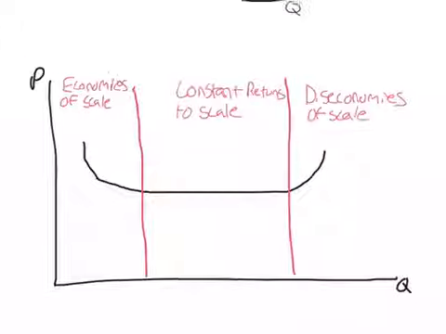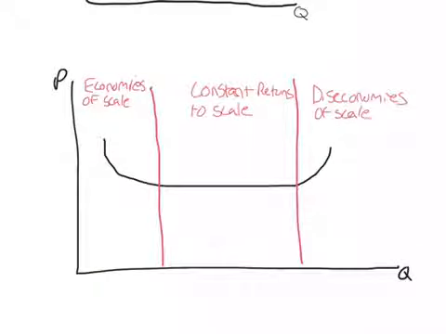So economies of scale, where the price is lowering while the quantity is increasing. Then constant returns to scale, where it's the same constant, and then diseconomies of scale, where the price raises again.